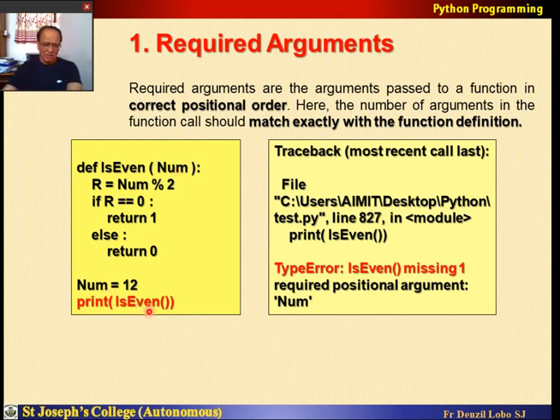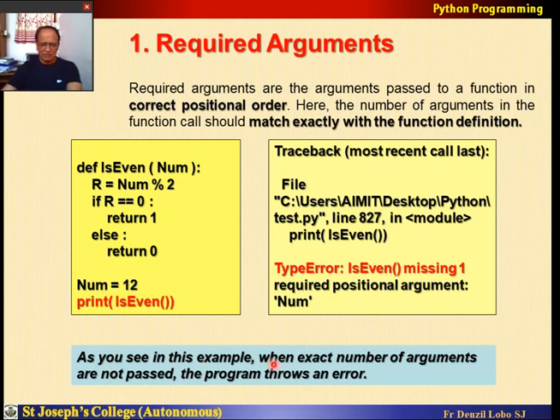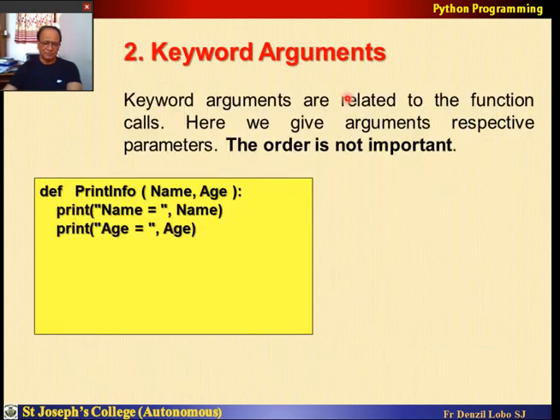So I should have said is_even(12) or is_even(number) here. Immediately we would have got the answer 1, because 1 means yes, it is even, otherwise it is not even. So as you see in this example, when the exact number of arguments is not passed, the program throws an error. So this is about the required argument.